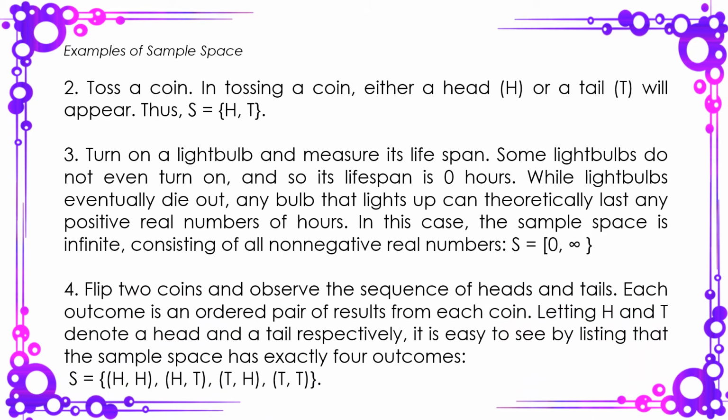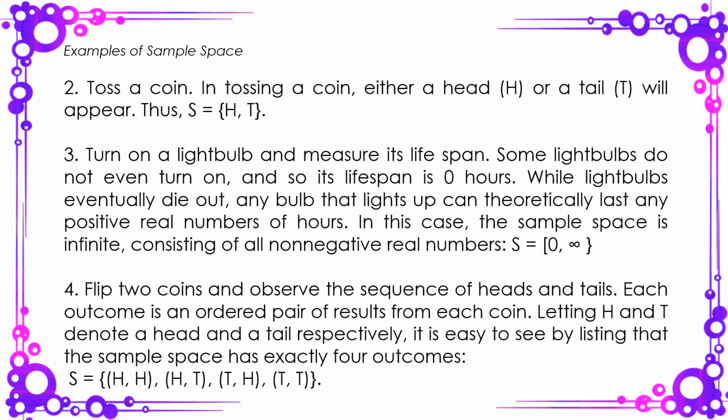Number 4. Flip 2 coins and observe the sequence of heads and tails. Each outcome is an ordered pair of results from each coin. Letting H and T denote a head and a tail respectively, it is easy to see by listing that the sample space has exactly 4 outcomes.